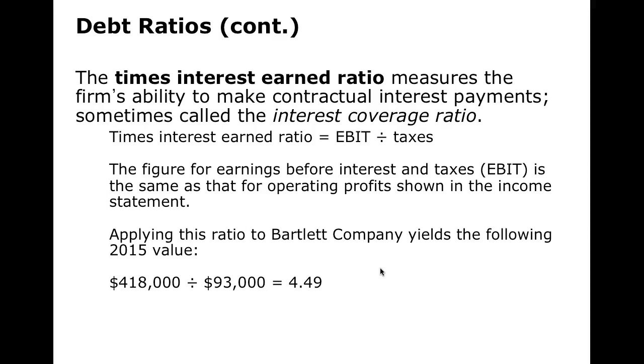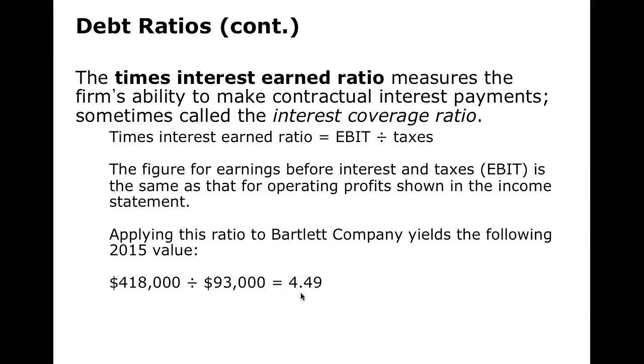Okay. Times interest earned ratio. Here we want to look at the ability to pay your interest: how many times your earnings cover the interest you owe. So in this particular company, their earnings before interest and taxes are $418,000, and if we divide that by their interest, we get a times interest earned ratio of 4.49.